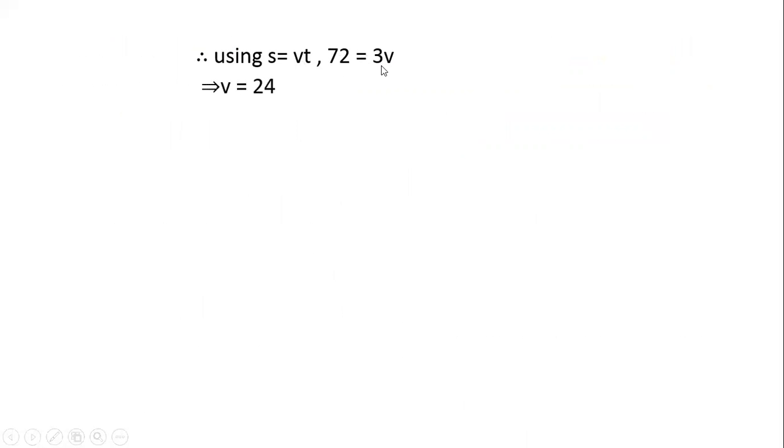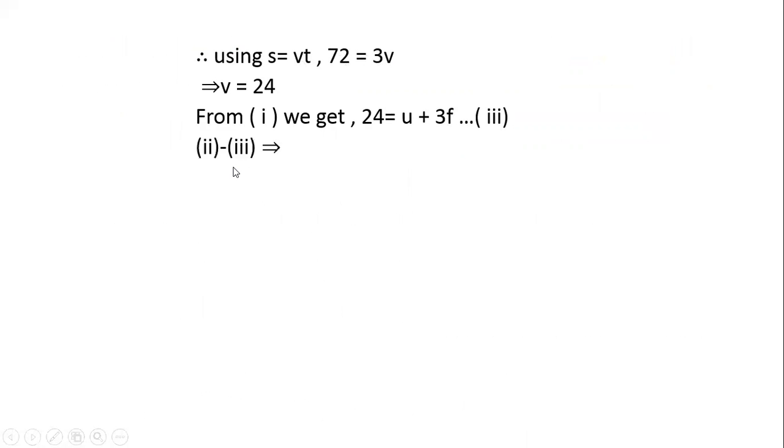If we divide this equation by 3, we get v equals 24. From 1, we get 24 equals u plus 3f, which is equation number 3. Subtracting 3 from 2, we get 3 equals (3 by 2 minus 3) into f, that means minus 3 by 2 f. From this, we get f equals minus 2.